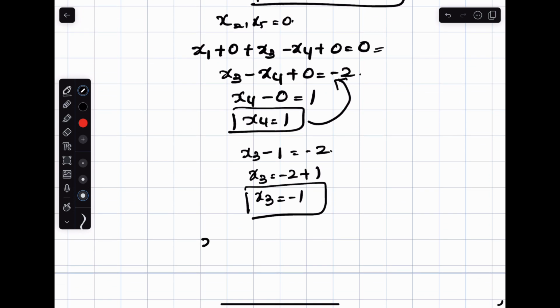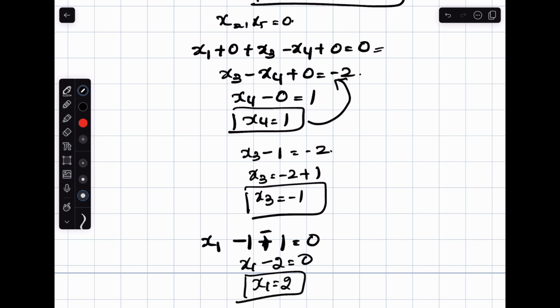Yes, it is x1 minus 1, it is plus 1 is equal to 0. So that is therefore x1, okay, it should be minus 1 right here, x4, yes. So x1 is equal to 2. So therefore we have x1 is equal to 2.